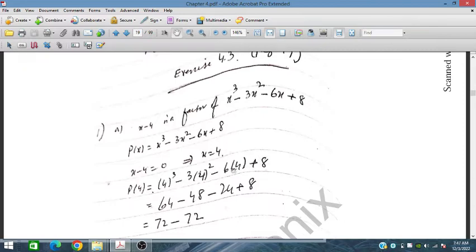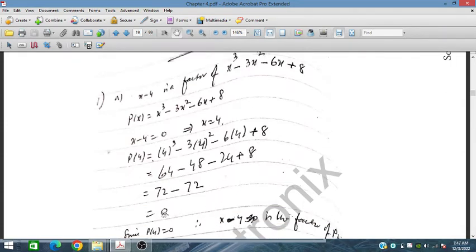Now simplify it. This is 64, this is 3 times 16, 3 times 16 is 48, 64 minus 48 is 16, 6 into 4 is 24 and then 8. Now this is 48 minus 24 is 72, and this is 64 plus 8 is 72. This cancels out, so this is 0. If a polynomial's factor is part of this polynomial, then if we place this value of x, this gives a 0 remainder.